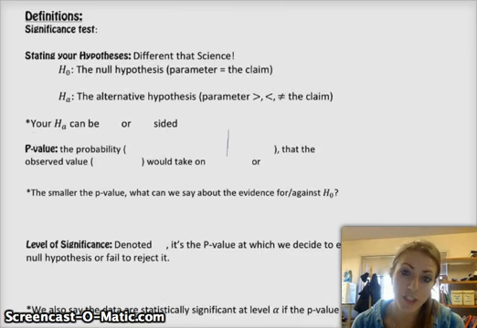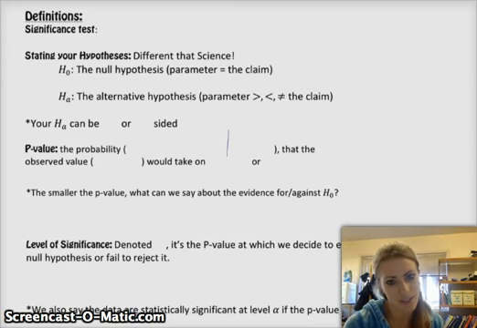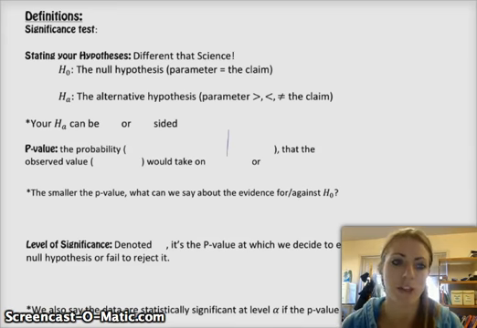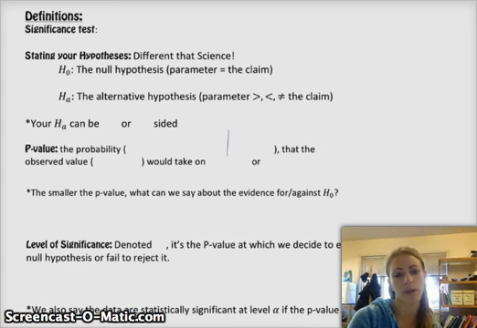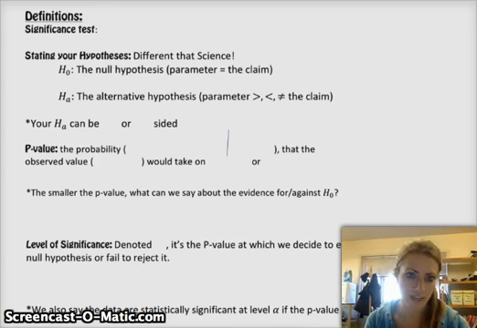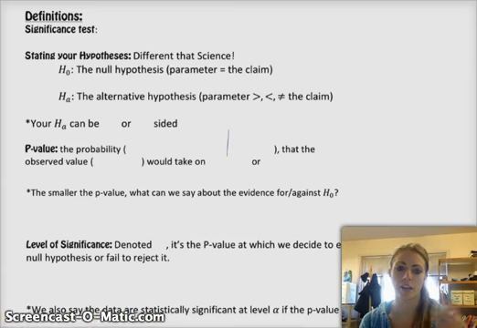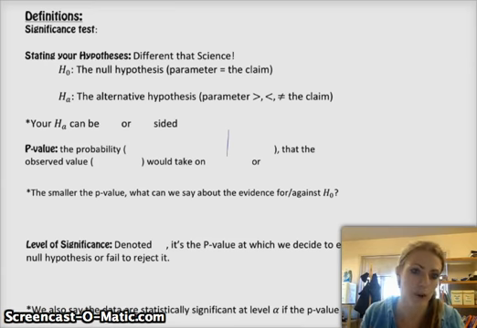So in order to do that, we need to define a few things and kind of look at the meaning of a few words in the chapter. So the first thing is a significance test, which is really a formal way to compare observed data with a claim. So comparing your sample statistic versus a claim of the population parameter.